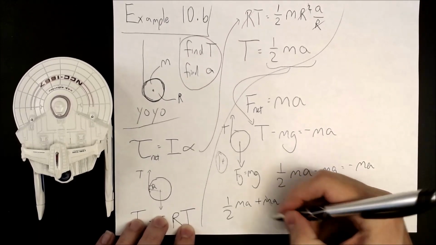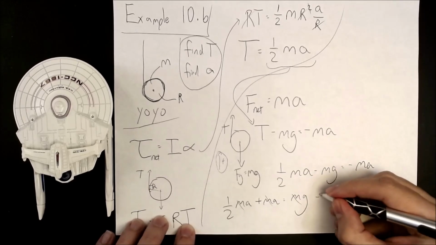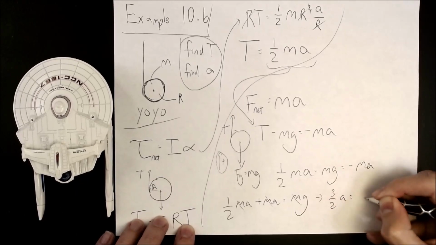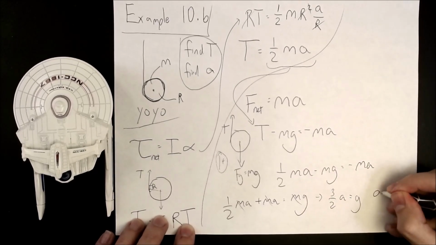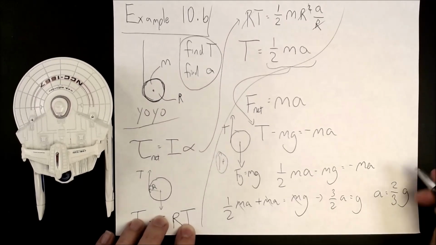After moving things around, the m's go away. We get 3/2 a is equal to g, or a is equal to 2/3 g.